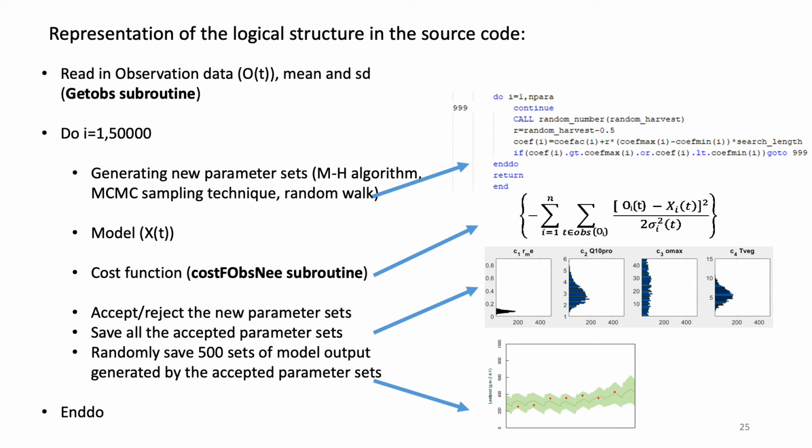After that, a new parameter set is generated. Then you run the model, calculate the mismatch, and accept or reject the new parameter sets. Our data model fusion framework will save all the accepted parameter sets and then randomly save 500 sets of model output generated by the accepted parameter sets.